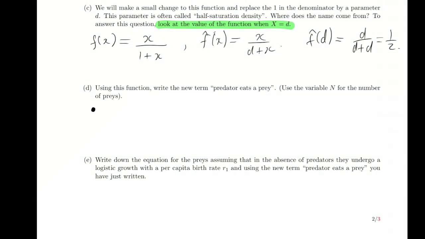Okay, part D. So using this function, write the new term for predator eats a prey. Let's recall what the previous term for predator eats a prey was. So the old term was negative a n times p.